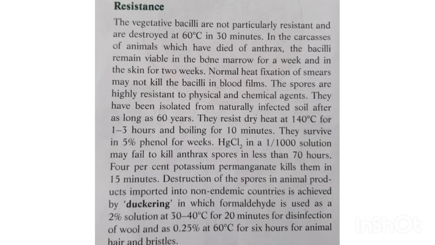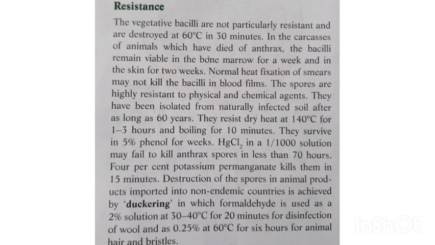So the bacillus or vegetative cell of Bacillus anthracis is not particularly resistant. They can be easily destroyed by heating, but they remain viable in the carcasses of animals after a week or 2 weeks. But their spores are highly resistant to physical and chemical agents. Physical meaning boiling, they resist boiling as well as dry heat.